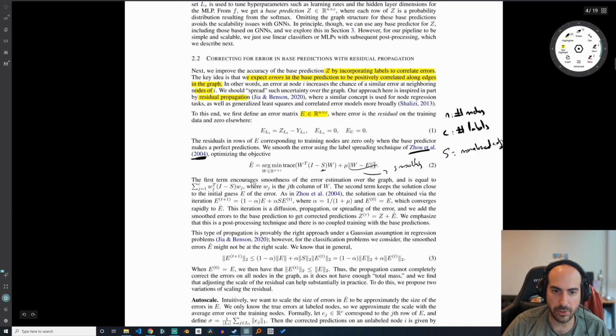But they're basically saying, okay, the first term encourages smoothness of the error estimation over the graph and is equal to this, where Wj is the jth column of W. And the second term keeps the solution close to the initial guess E of the error.